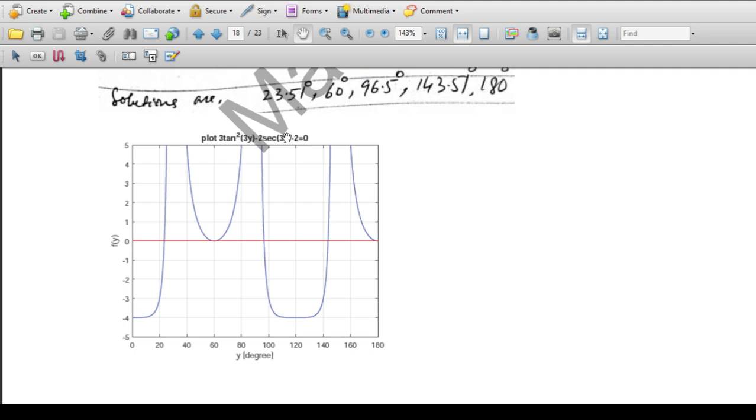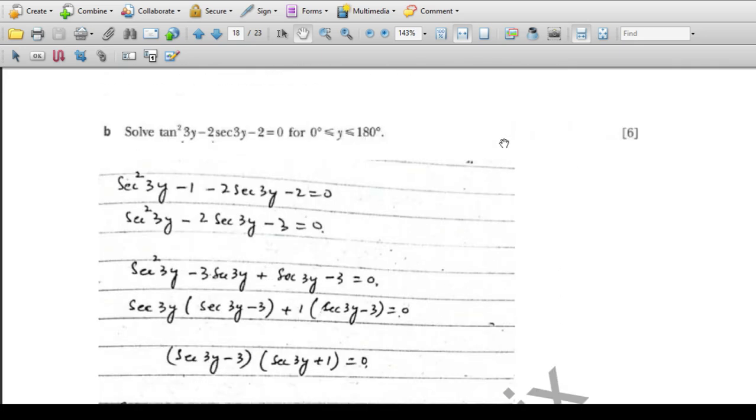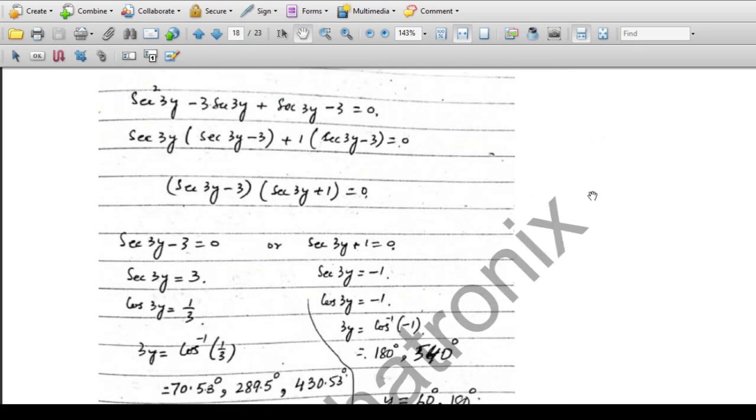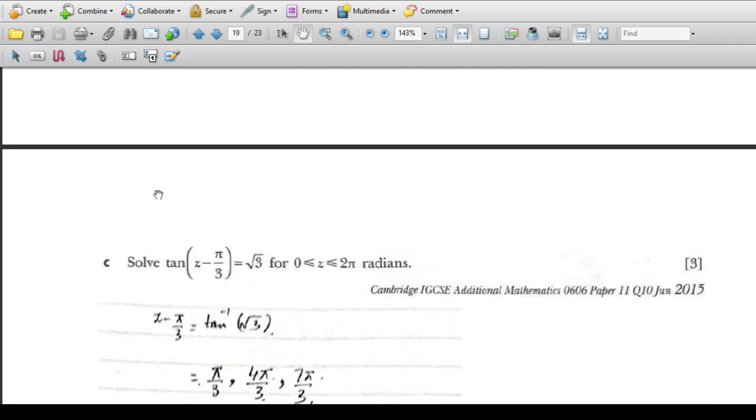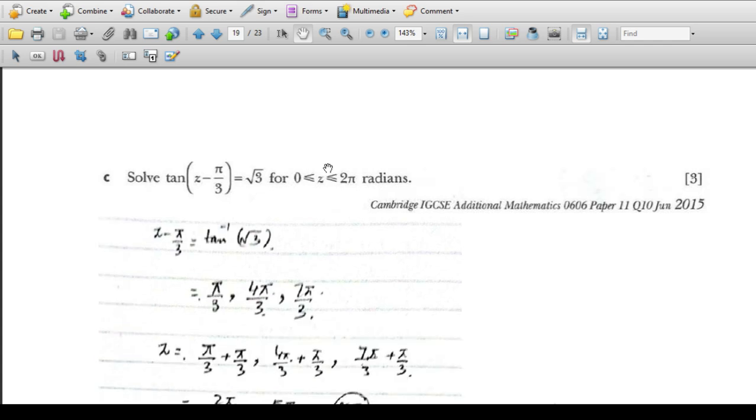So we obtained these values for different values of y, plotted them, and compared with 0, and we obtained these intersecting points. So there are 5 solutions, which is evident from here. It gives understanding and confidence, so that we can solve these kinds of questions in the final examination.